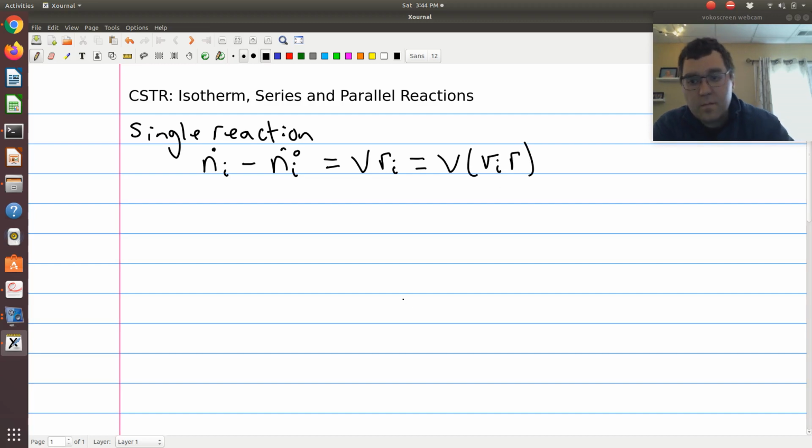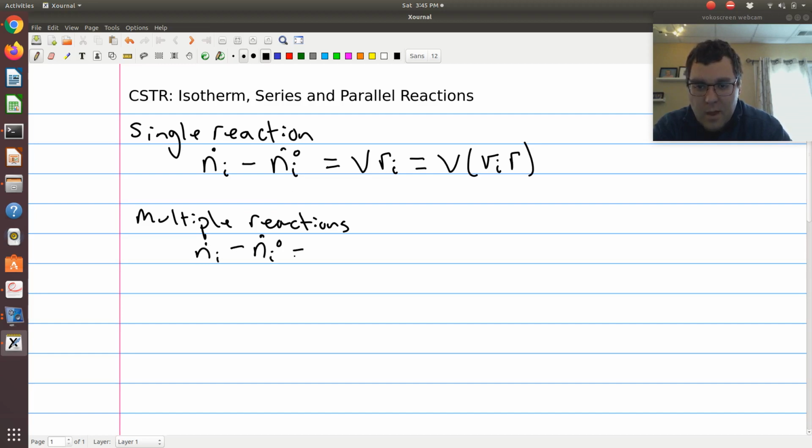Cool. So now it changes when I have multiple reactions. What's going to happen is the left-hand side is still going to be the same. This is just moles coming out, moles going in. So I'll still have Ni dot minus Ni dot naught. But now, for the species-specific rate, I'm going to sum over all reactions j occurring in my system.